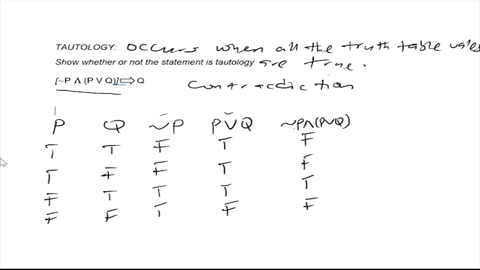Then finally, let's now bring it together. We have negation P cap P cup Q, then implies Q. And let me also bring back to your remembrance that when we're dealing with implication, because this is implication, we used a statement, and the statement we used was these two simple statements.